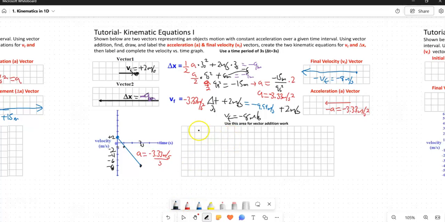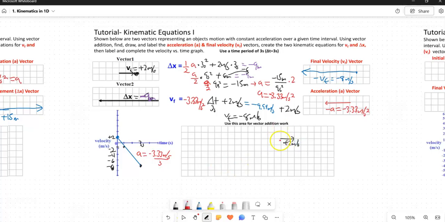Again, I'm going to demonstrate what you're supposed to do if you want to use the vector addition part. So let's do the final velocity. Okay, so we have a +2 meters per second, which is going to go to the right, +2 meters per second. And I should start further out. So +2 meters per second.